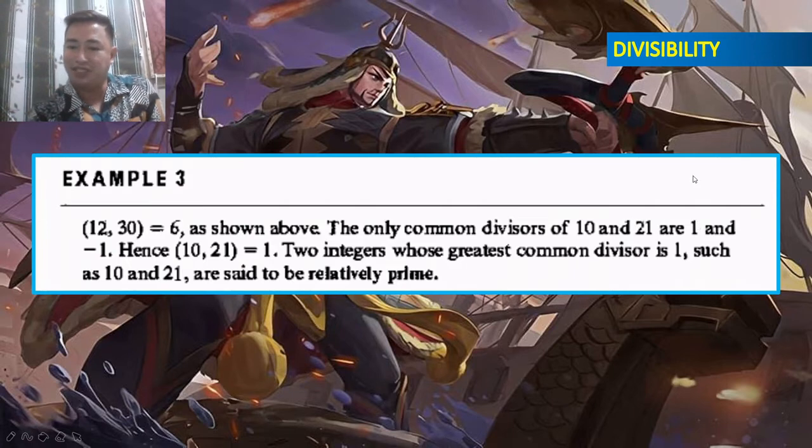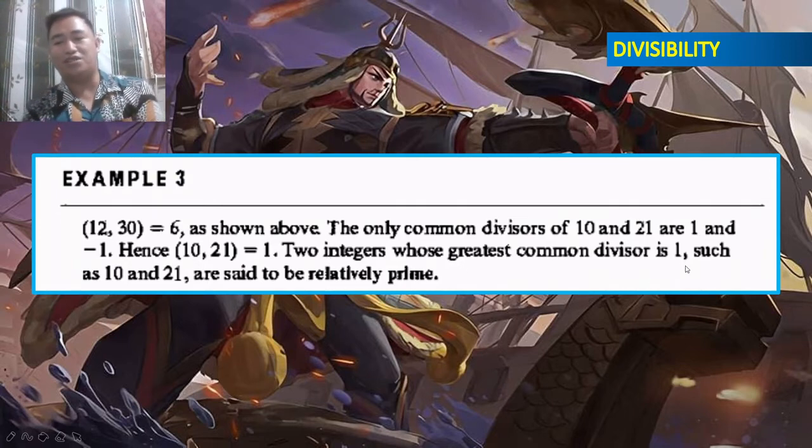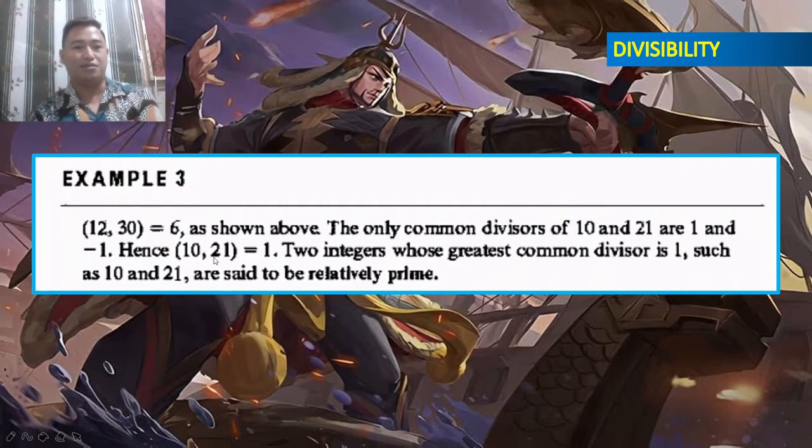Ang largest nilang duha, or the greatest, si 1. Hence, the GCD of 10 and 21 is equal to 1. Two integers whose greatest common divisor is 1, such as 10 and 21, are said to be relatively prime. So kung 1 class ang ilahang GCD, meaning relatively prime ang tawagan ng 10 ug 21.